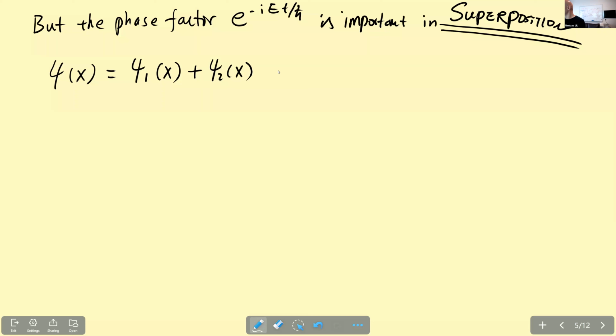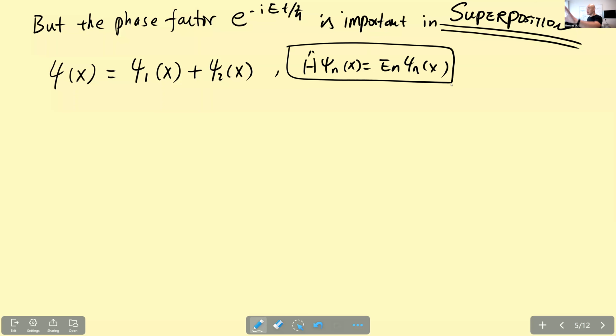Suppose we have H psi_m(x) equals E_m psi_m(x). Okay, so these are the eigenstates. You can have a superposition of these, for example. Okay, and now you can see that if you have this one, the evolution will be different.